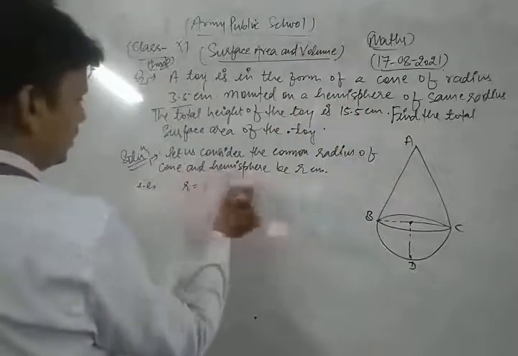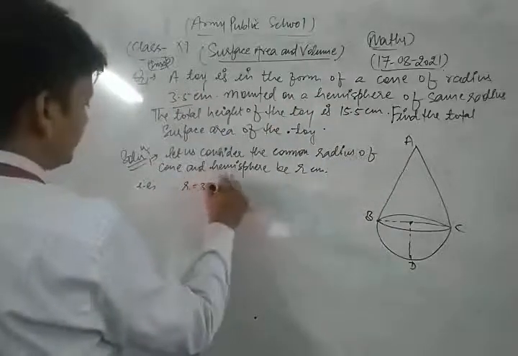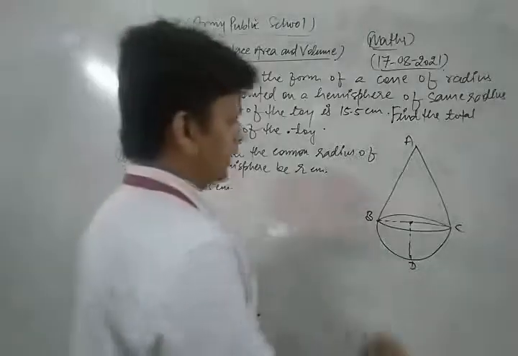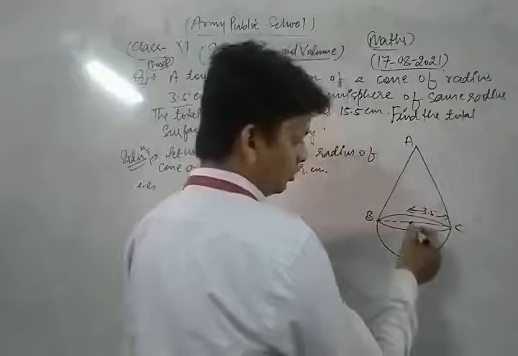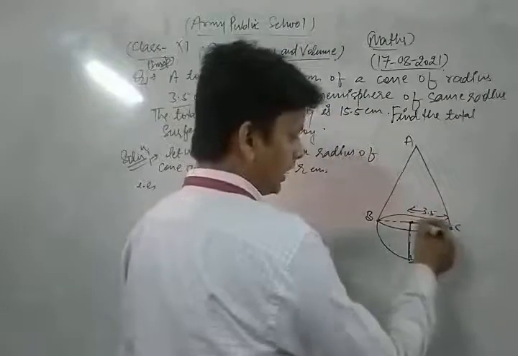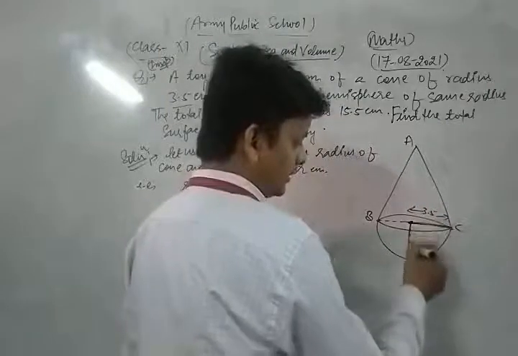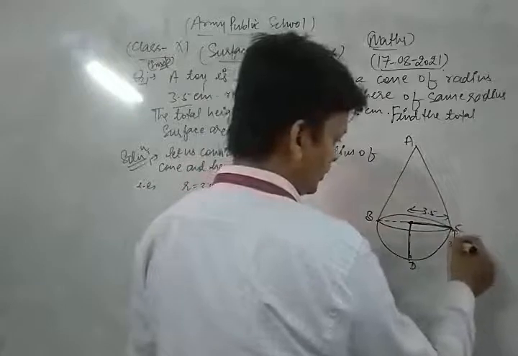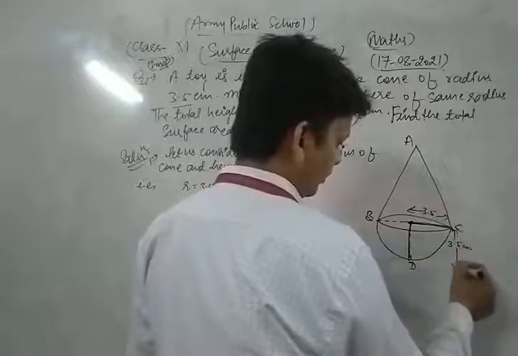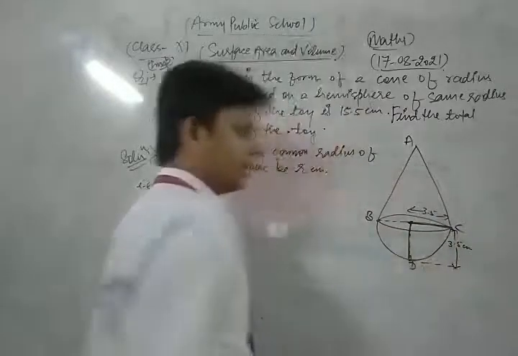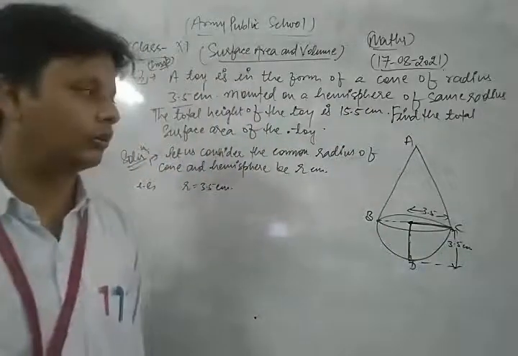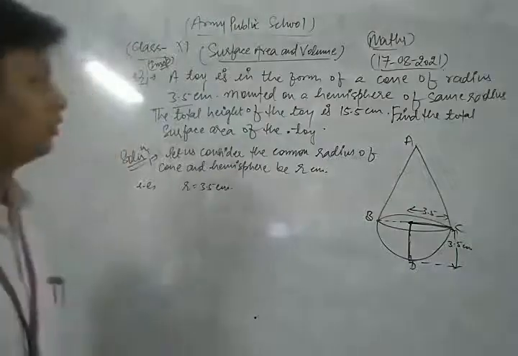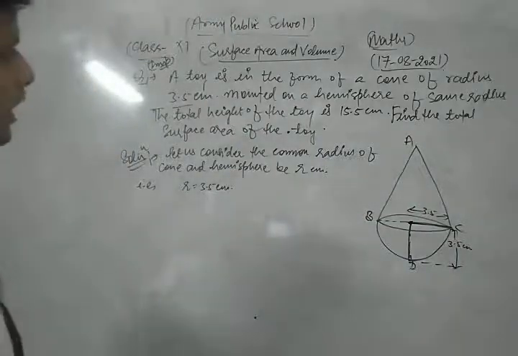Means R is the common radius, given as 3.5 centimeter. Now look, this is 3.5 centimeter, and you know that this is the common radius, and the radius of the hemisphere is same as its height. So from there this is also 3.5. This height of the hemisphere from the surface of this toy is 3.5.